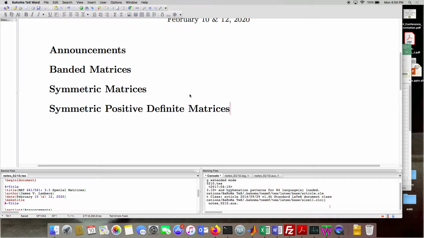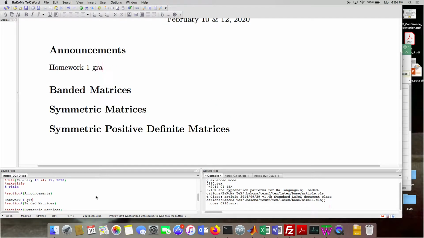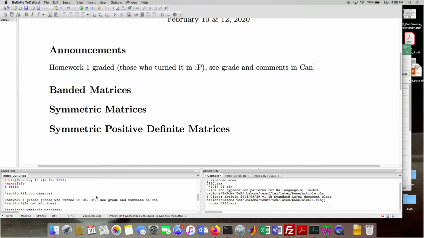Now, first, the announcement side of things, a few items for you. For those of you who submitted homework 1, which is thankfully most of you, it has been graded. See the grade and comments in the Canvas gradebook.